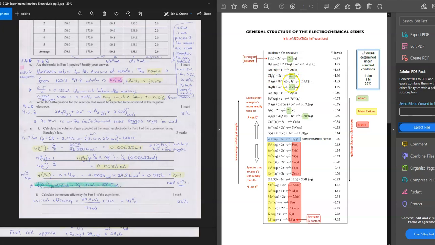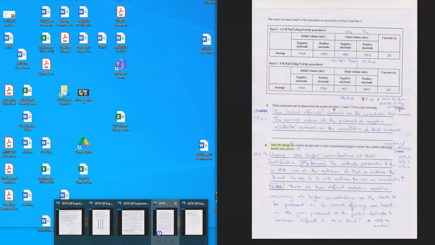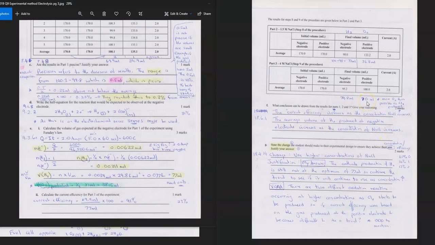This reaction would have to happen twice to make 4 electrons. So you'd actually make 2 moles of chlorine compared with 1 mole of oxygen. So you're making a lot more moles, a lot more volume, if that reaction starts to occur, which would explain why it's gone up to 70.